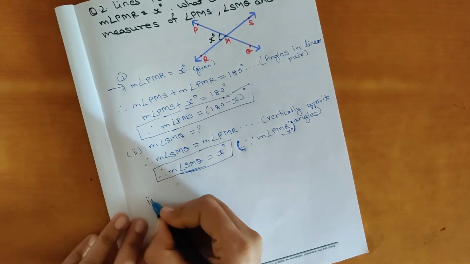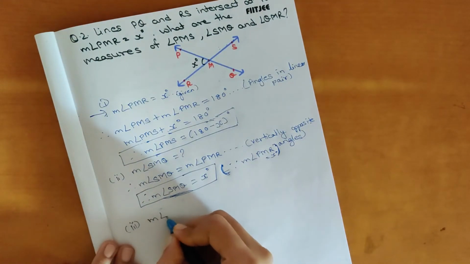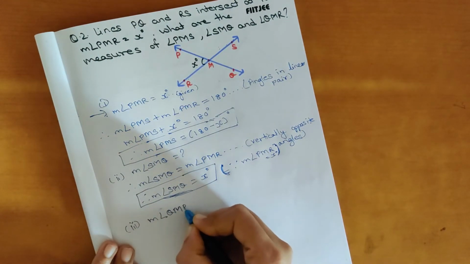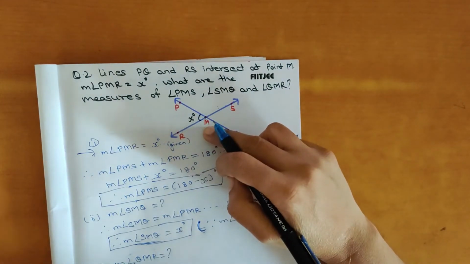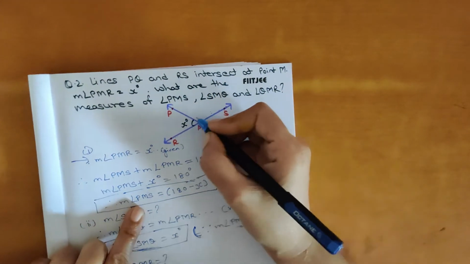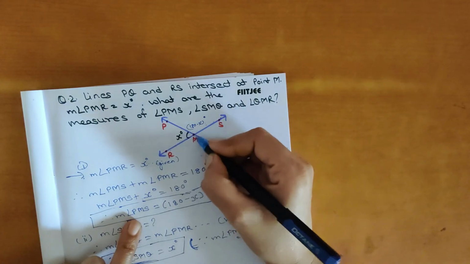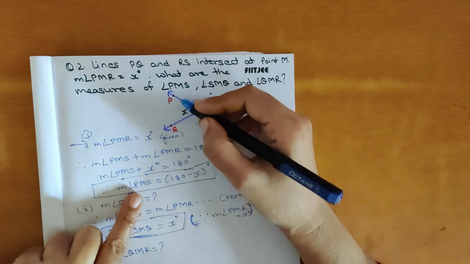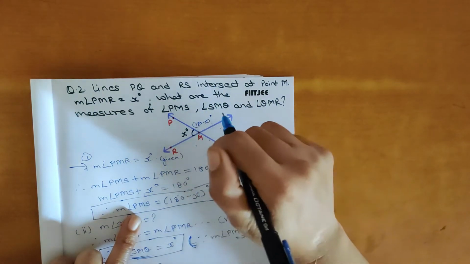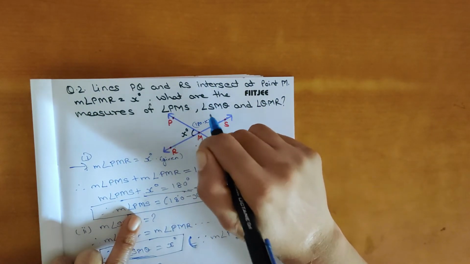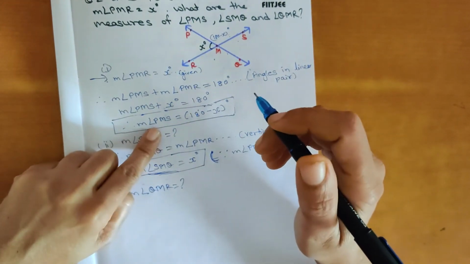Now third one, measure of angle QMR we have to find. So if you see QMR, we got the value here. Angle PMS, we got 180 minus x degrees. So this will also be the same. Why? Vertically opposite angles. So measure of angle PMS that we got is equal to measure of angle RMQ. Why? Vertically opposite angles.